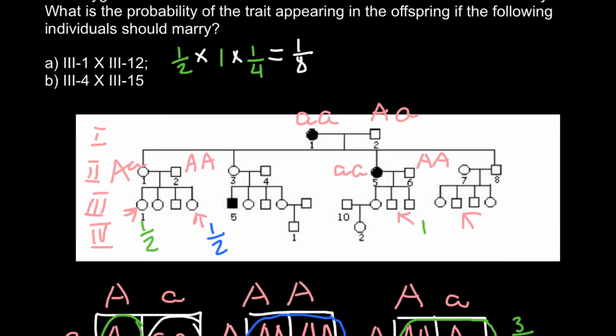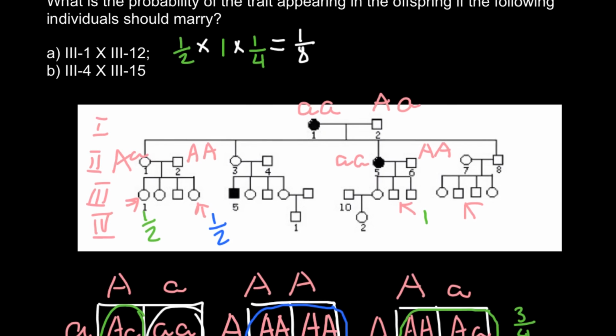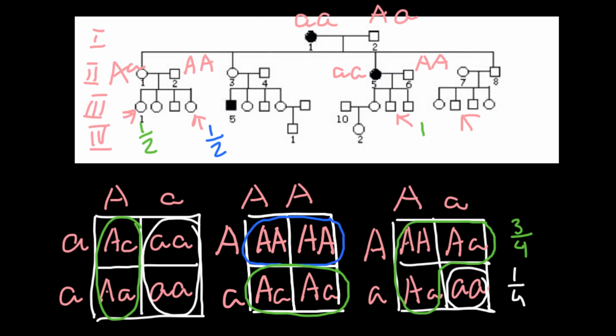If we take a look at our previous Punnett square that we solved, where one parent is homozygous recessive and another is heterozygous, we know that the phenotype of this person is normal, and this means that this person has to be obligate heterozygous.